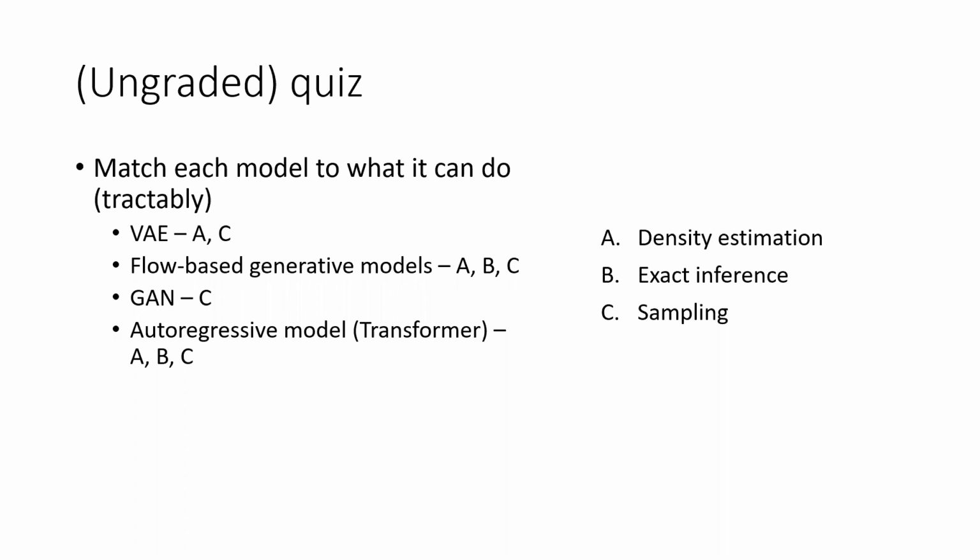Because an autoregressive transformer gives us those probabilities explicitly, we can use that to perform density estimation and exact inference. And if we sample from those distributions, we can also perform sampling from an autoregressive model. So I wanted to mention that autoregressive transformers can be thought of as another instance of generative models that model that joint probability distribution.